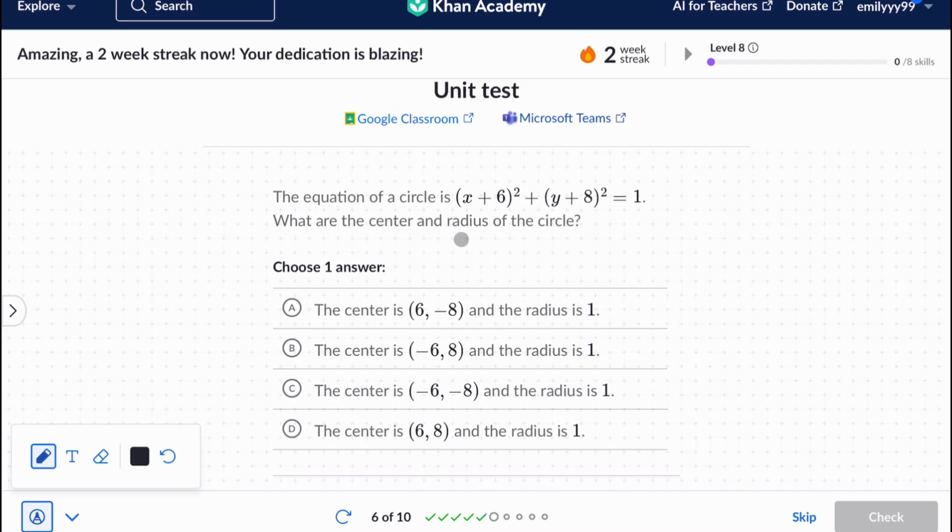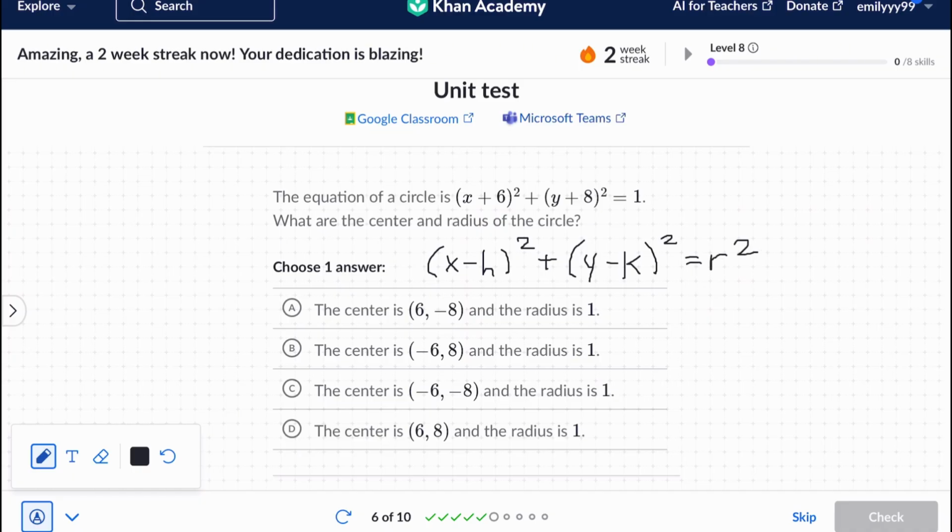So basically, we should know what the circle equation is. It's (x minus h) squared plus (y minus k) squared equals r squared.